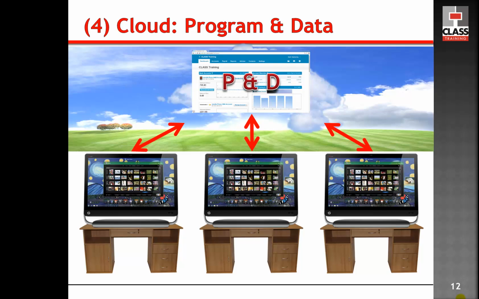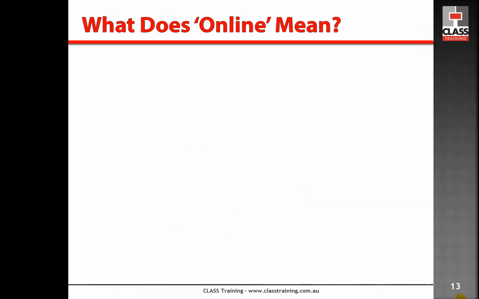Very similar to what we've all been doing for years with electronic banking. The program for running the online banking is up in the cloud, hosted by your bank. The data's up there as well, and you can't do backups unless you download stuff, but more about that soon.